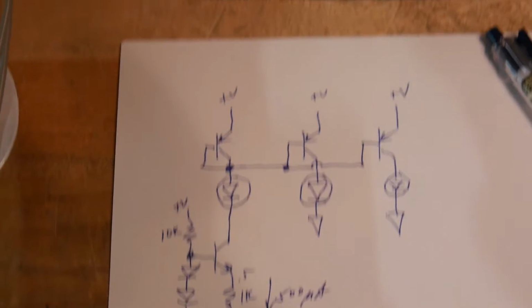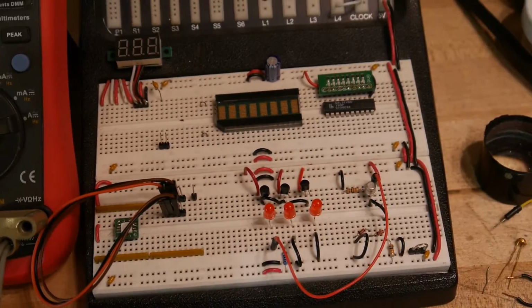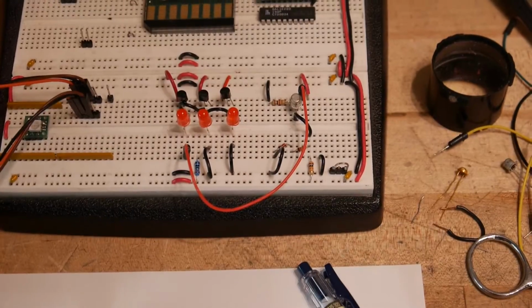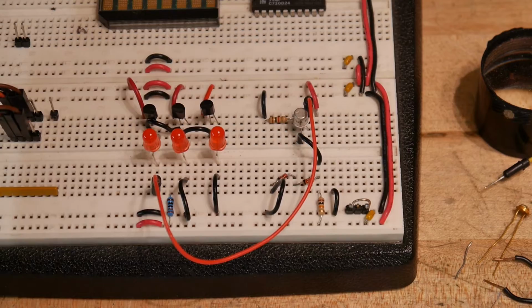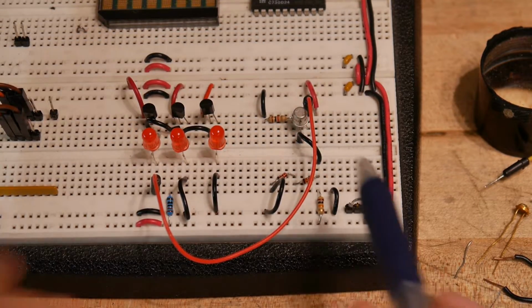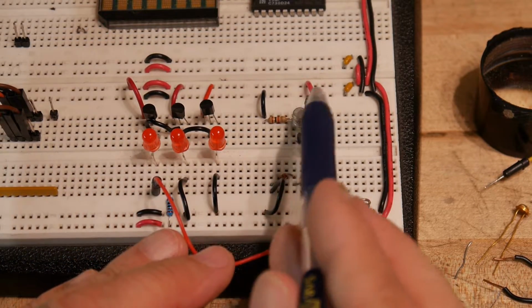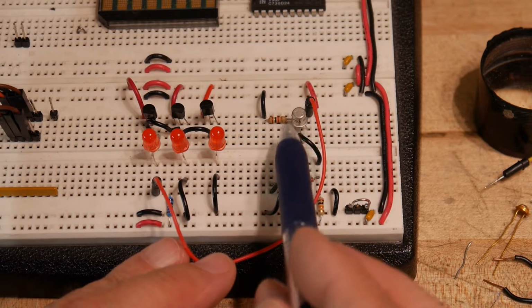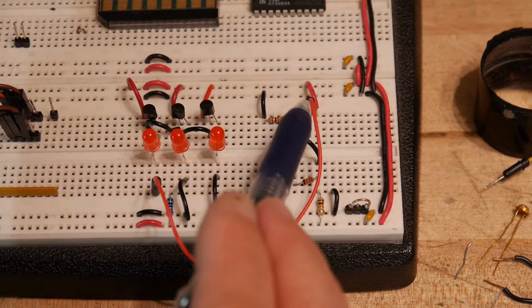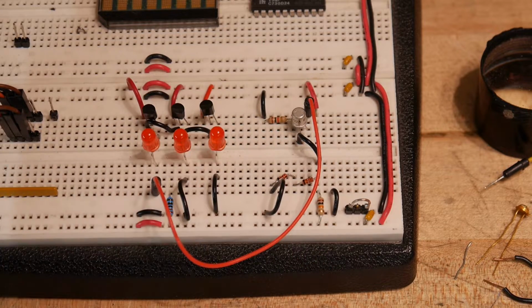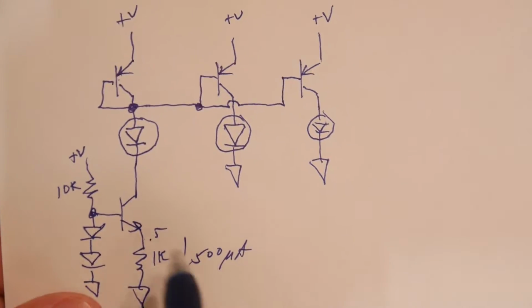Okay, so sorry about that. Zoom in here. So here we go. This is our original transistor that creates the 500 microamps, and that comes over here to this LED. So this is in the same order here, right?